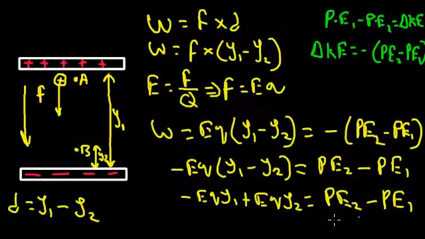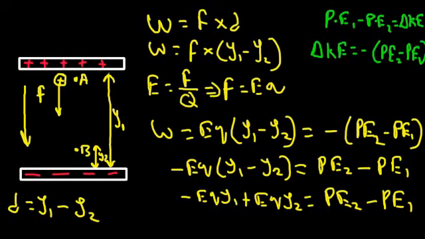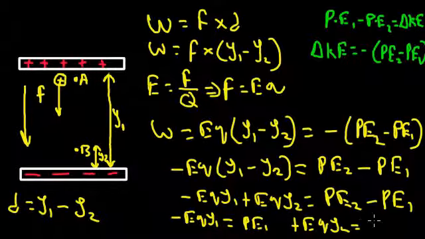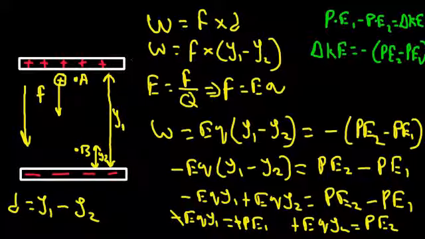Now for this statement to be true, we can compare the corresponding sides. Otherwise, it will not be true. But the fact that we have an equal sign connecting them, we can always do that mathematically. So negative EQ y1 is the same as negative PE1, and positive EQ y2 is the same as PE2. I can see the negative can cancel out on the left-hand side here.